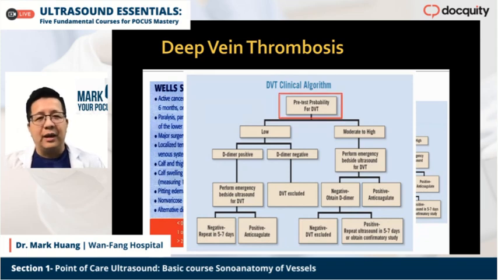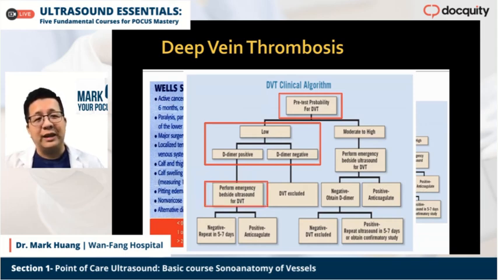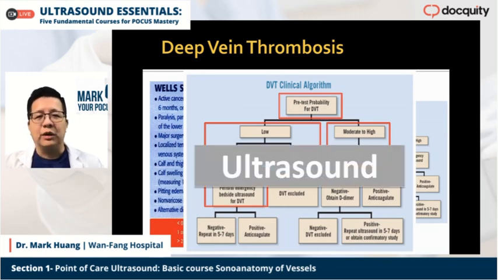You can see if we suspect a patient with DVT, we can estimate a pre-test probability using any scoring system. If it's low, you can check the D-dimer. If the D-dimer is positive, you need to confirm the DVT. But if you highly suspect this patient has a DVT problem, you will do the ultrasound.